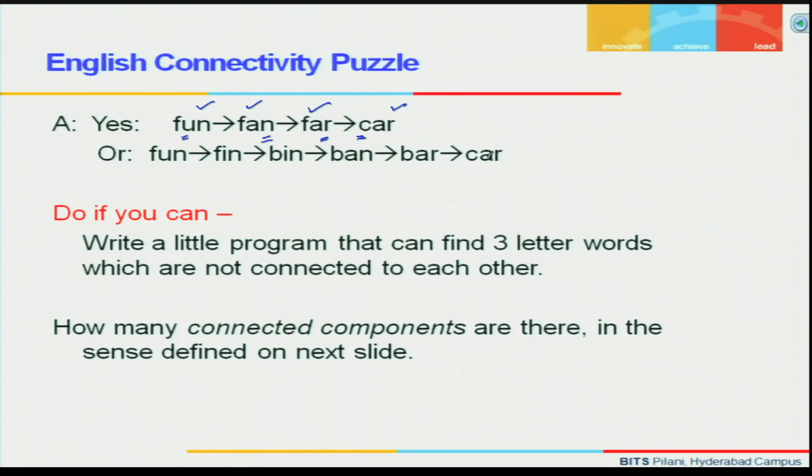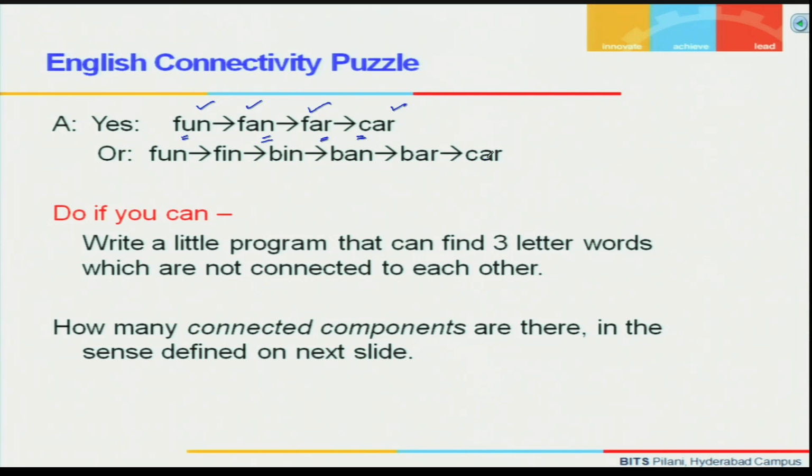Now, if you are interested, you can write a small program to actually represent this particular graph. You know how to represent a graph. You can represent a graph with either an adjacency matrix or an adjacency list. There will be lots of three-letter English words.